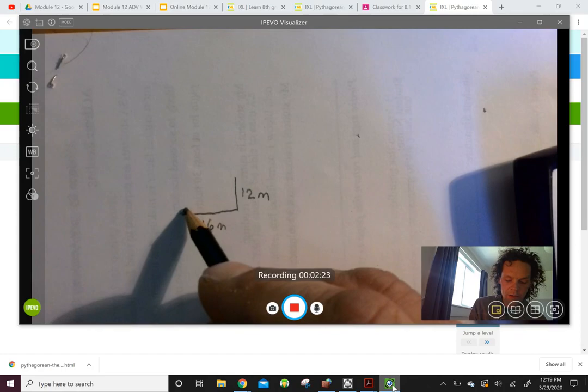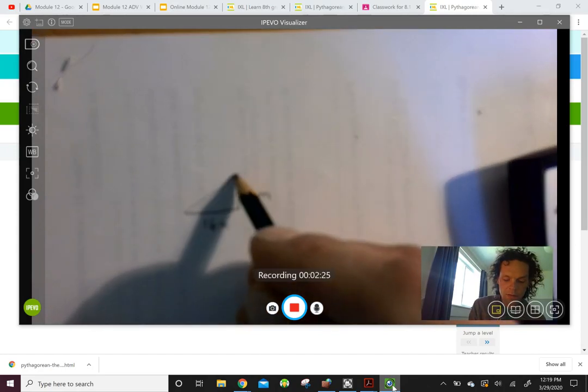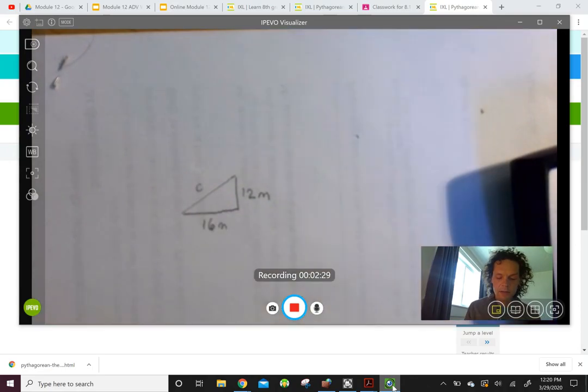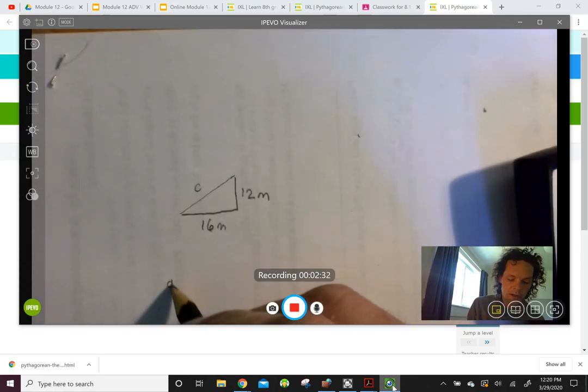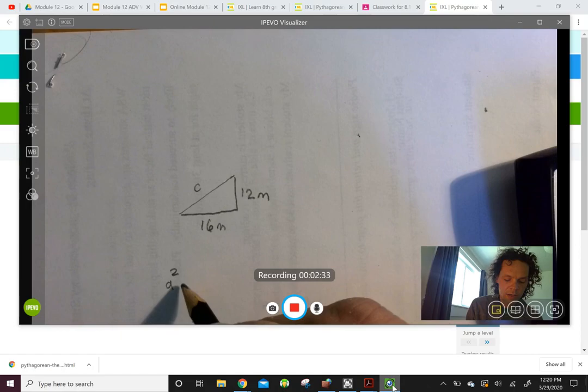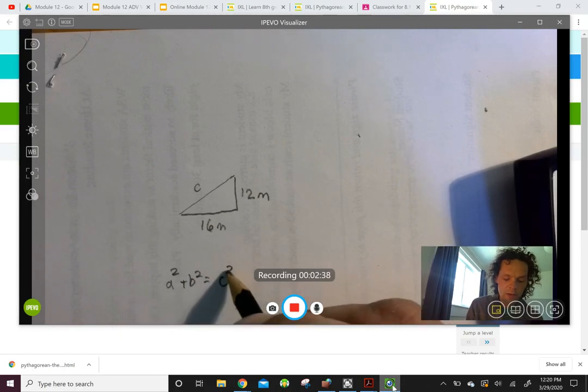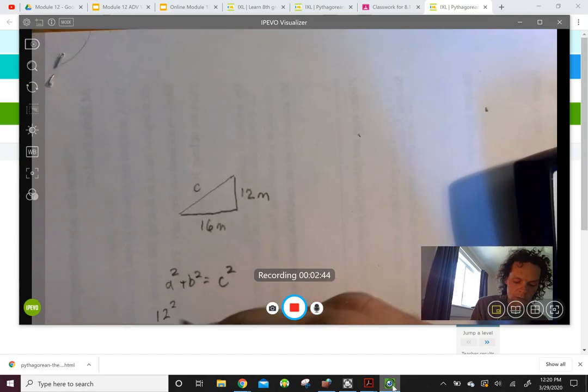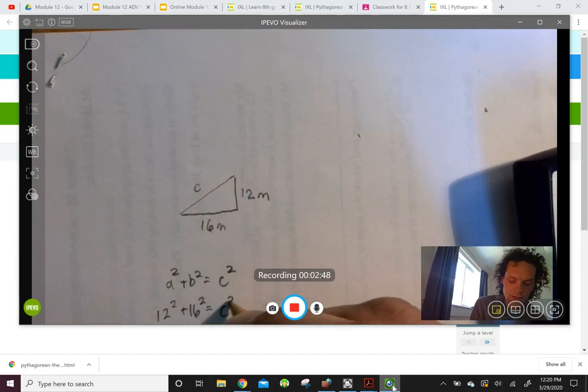We're trying to find the distance between the top of his head and the statue. So the formula, again, is a squared plus b squared equals c squared. And so we're going to do 12 squared plus 16 squared equals c squared.